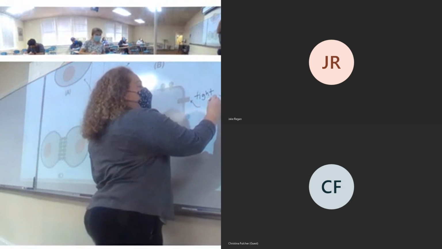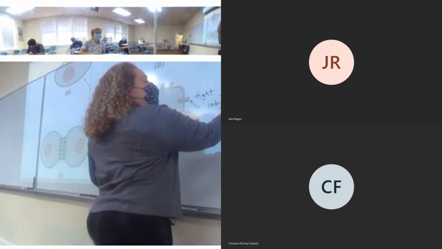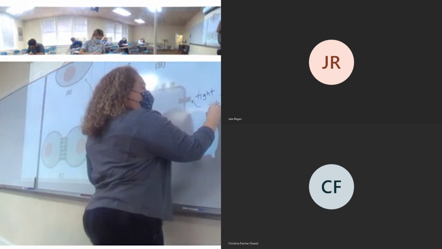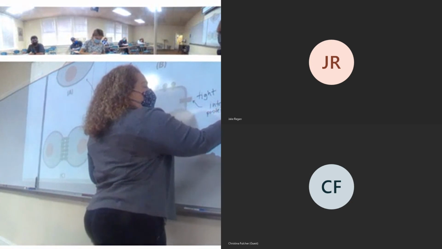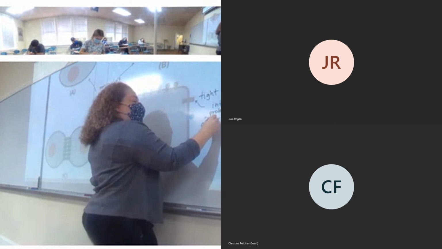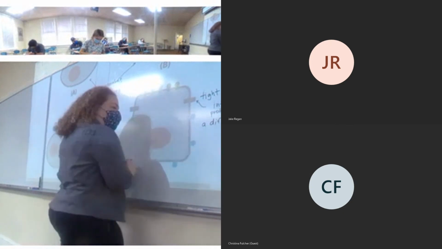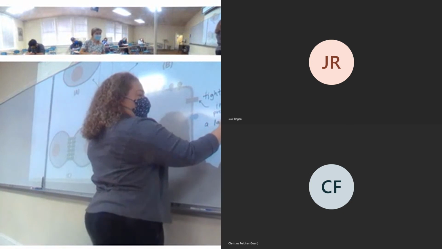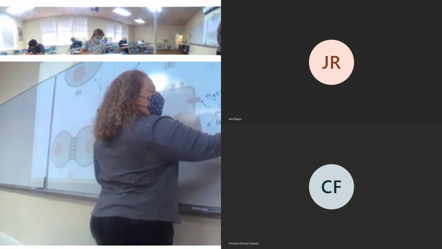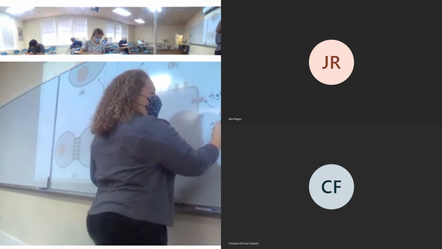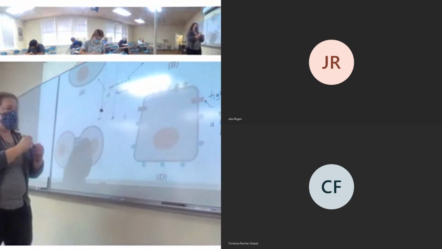Tight junctions are integral membrane proteins, and their purpose is to be a diffusion, let's say a lateral movement barrier. They are a lateral movement barrier.